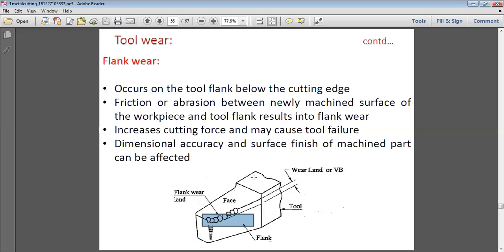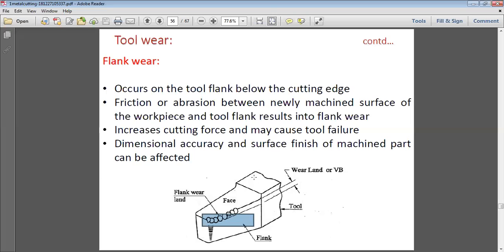Dimensional accuracy and surface finish of the machined part will be affected. So the next impact of flank wear is that as the material is taken off, the flank will be touching the surface of the newly machined part.